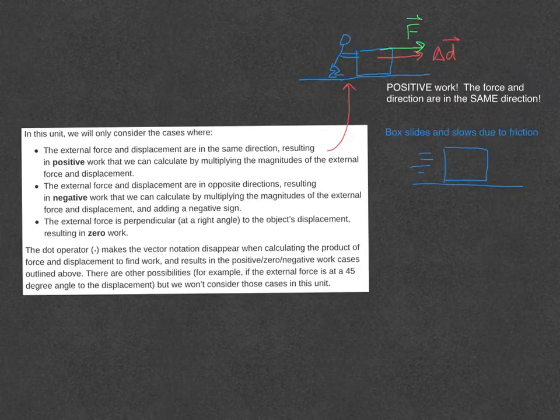Now let's look at negative work. In negative work, there's an external force and a displacement, but they're in opposite directions. So that would be negative work. An example would be, say I have a box that's sliding. Its displacement is forward, it's going forward, but as it slides, it's going to slow down due to friction.